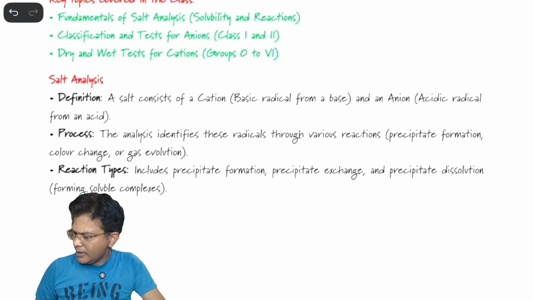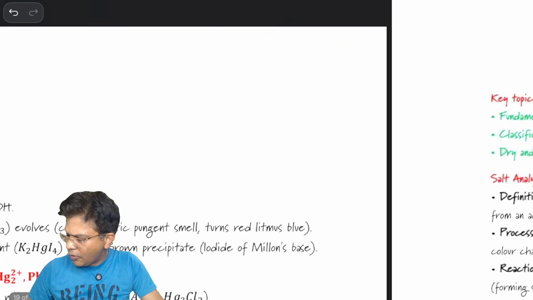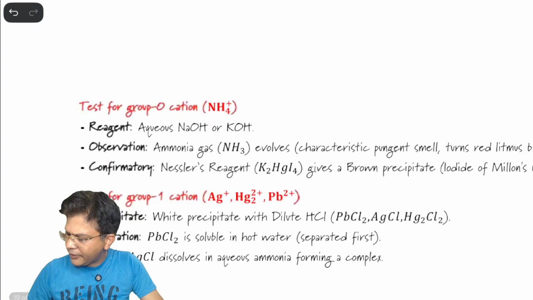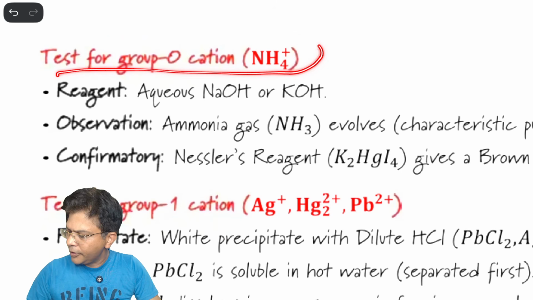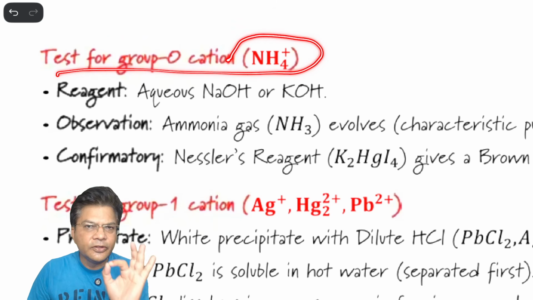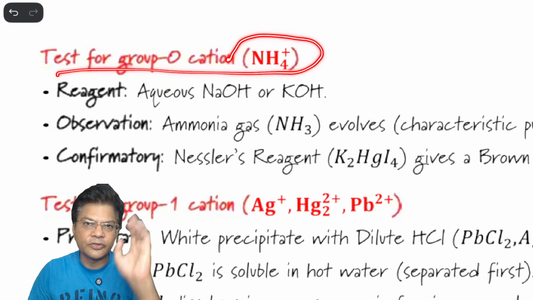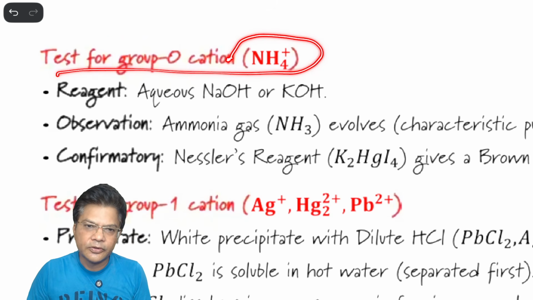So let's start. The first radical is ammonium. What is the first radical? Ammonium. This is in zero group. Why zero group? Because it comes after the fifth and sixth group, so at the last. It is known as an interfering radical.